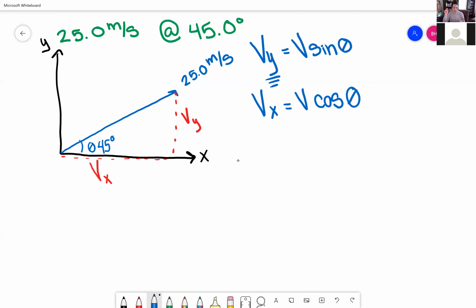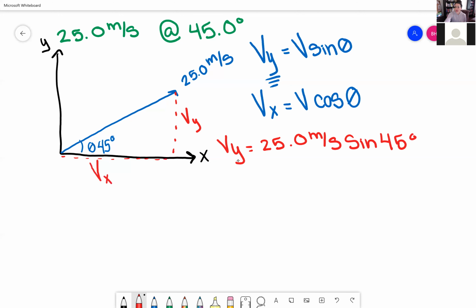Let's go ahead and solve this, and then we'll add another vector, and once we add another vector, some more equations come into play. So let's figure out the X and Y components of this one vector right here. If I plug this in, I would have Vy equals 25.0 meters per second times sine 45 degrees.